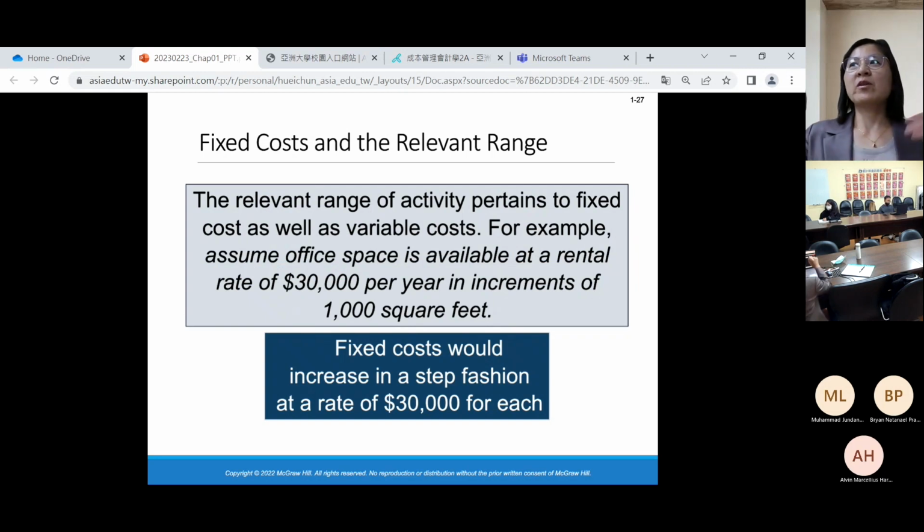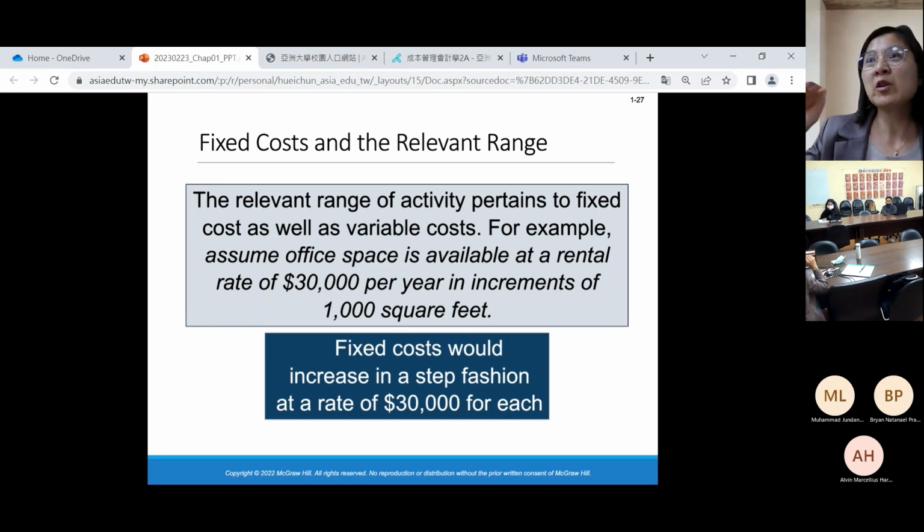When we are talking about fixed cost or variable cost, we have to talk about the relevant range, because they are relevant only within a range. For fixed costs like electricity or water usage, we have a basic usage. If your usage is less than the basis, then you pay a fixed amount.